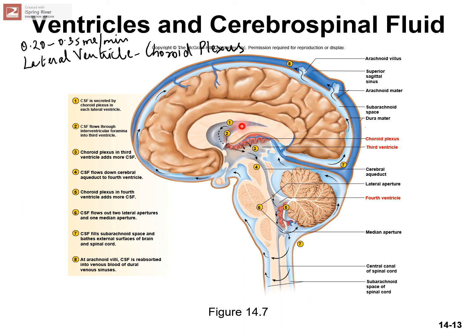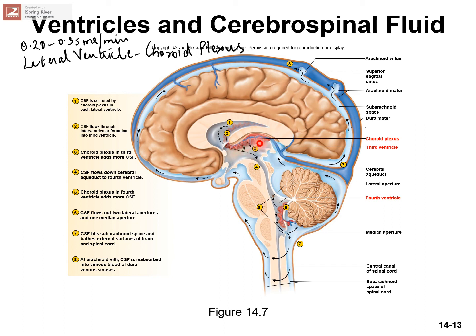Yeah, so the cerebrospinal fluid is secreted by the choroid plexus in the lateral ventricle. The cerebrospinal fluid flows through the interventricular foramina into the third ventricle. You see the third ventricle has more choroid plexus.